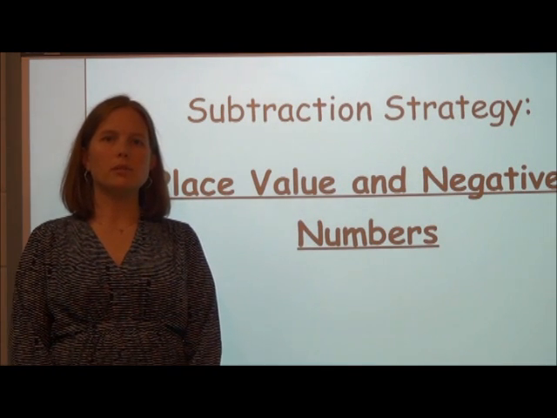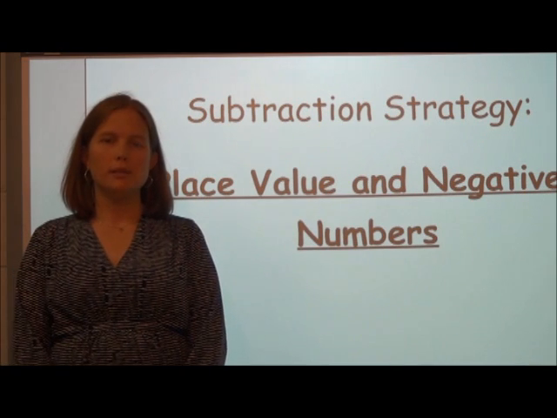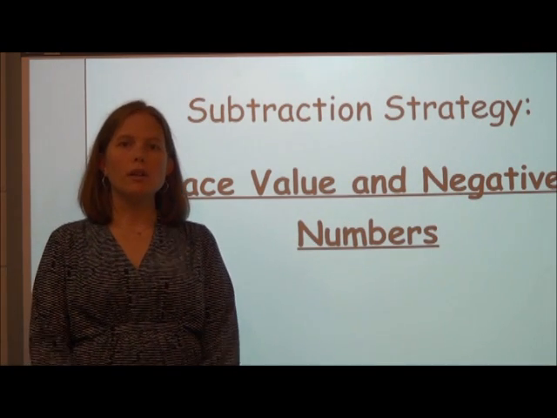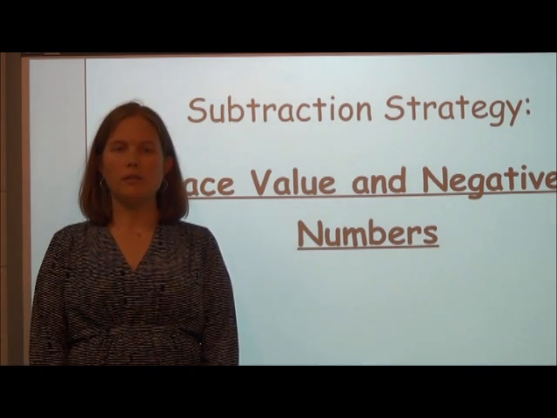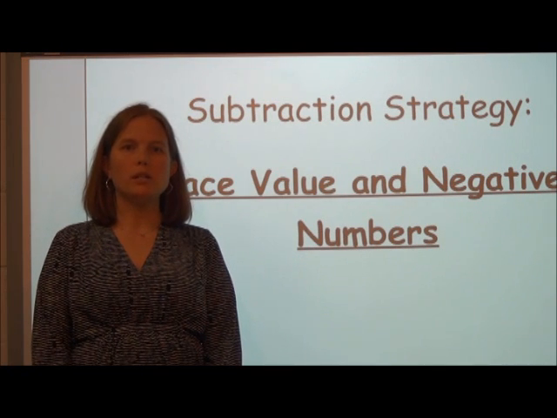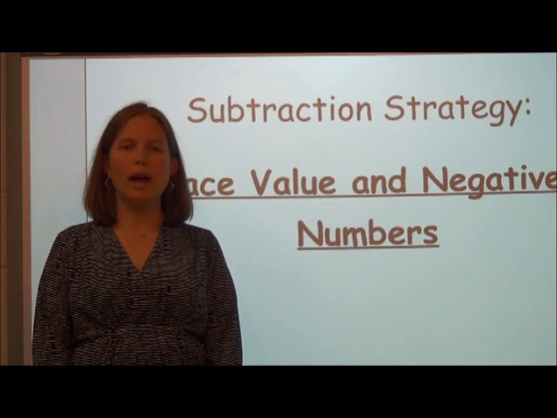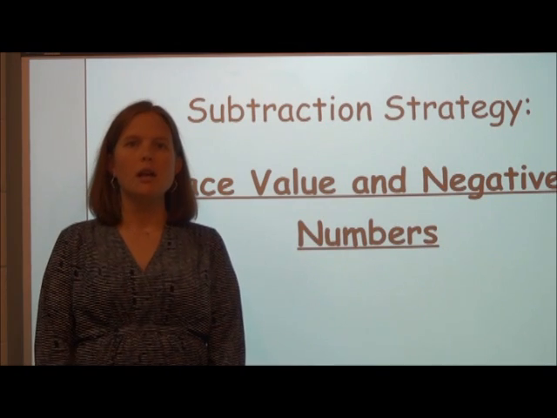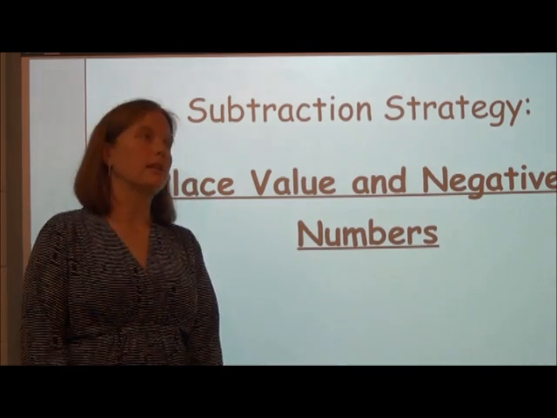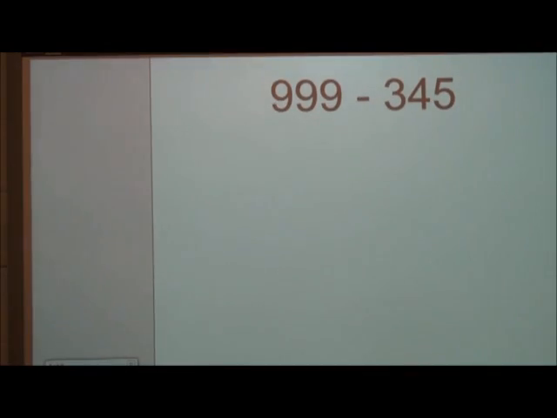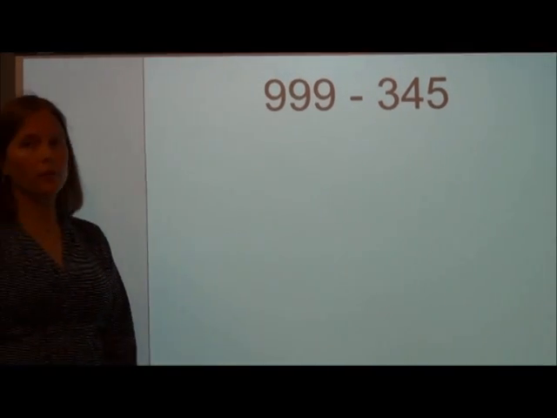Now we'll model this strategy to students. Boys and girls, you've already learned how to break numbers into expanded form. So today, we're going to use this knowledge to help us subtract two numbers in our heads. Let's try this strategy with this equation. We are going to be subtracting 999 and 345.